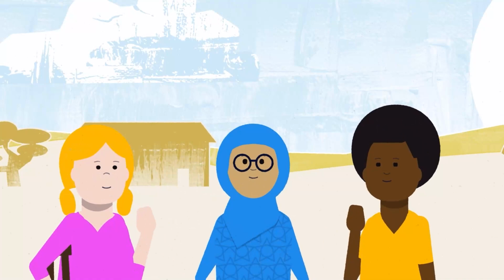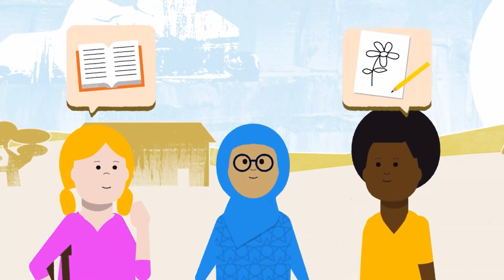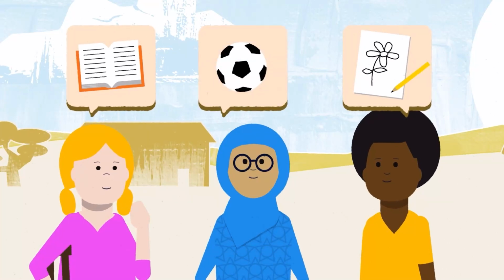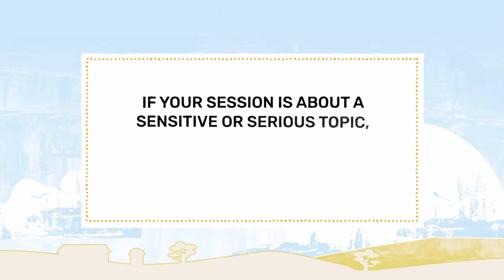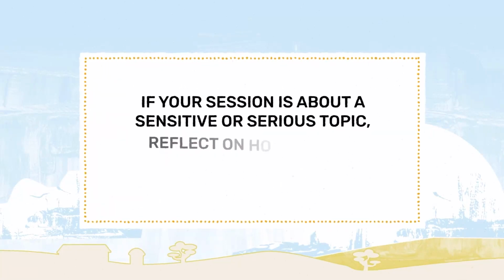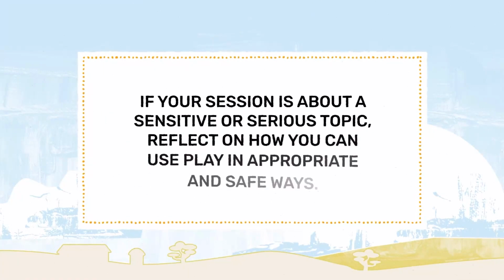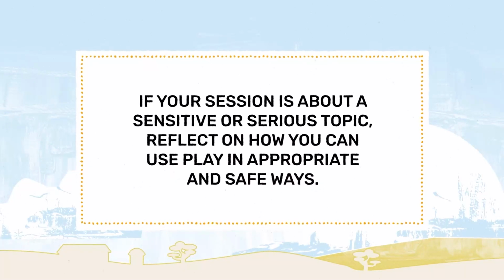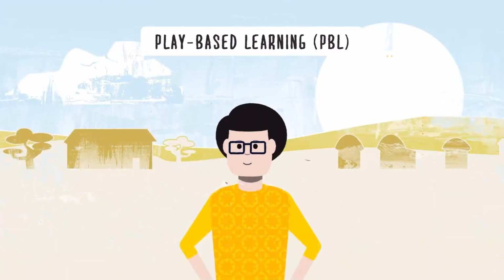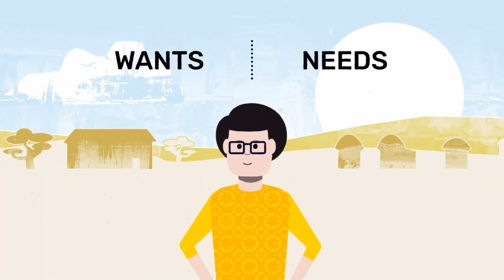As you think of your own ideas, consider the children's interests and activities they are familiar with or find engaging. If your session is about a sensitive or serious topic, reflect on how you can use play in appropriate and safe ways. David can use PBL by playing a game where children differentiate wants and needs.